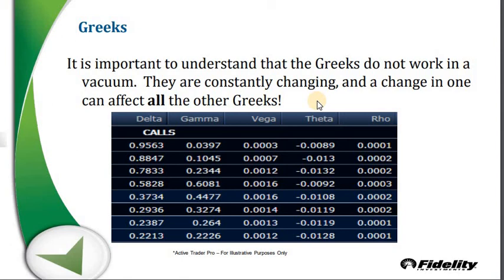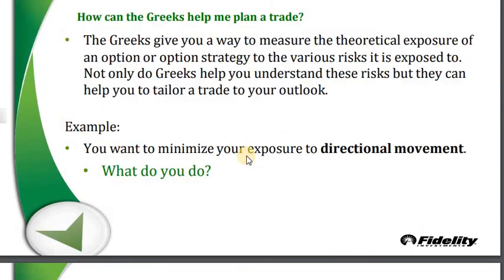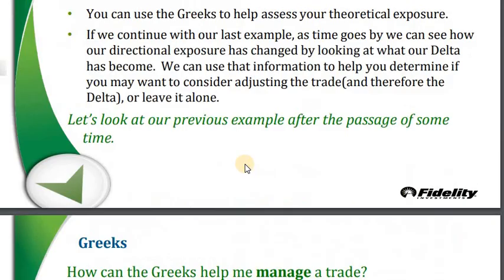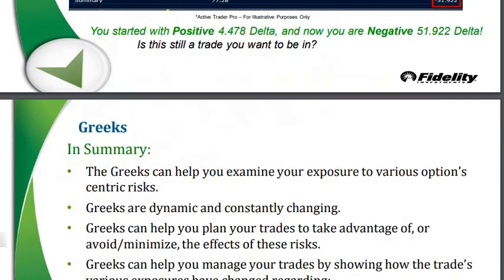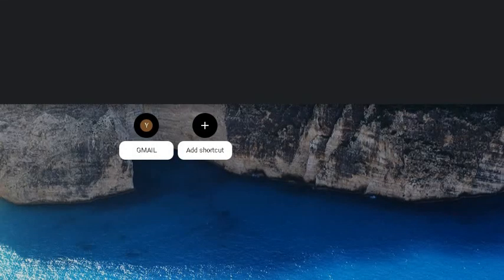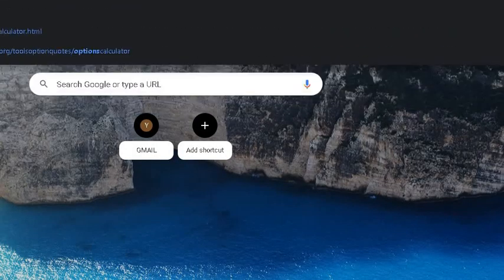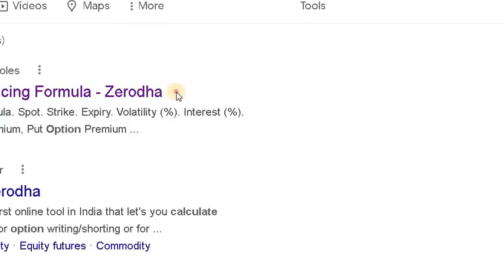That calculator is available online as open source, but I will tell you guys how to input and get the output to make a better plan and trade. All these things we'll talk about. Before going to that, I'll quickly show you how the options calculator works in terms of Zerodha. Options calculator by Zerodha.